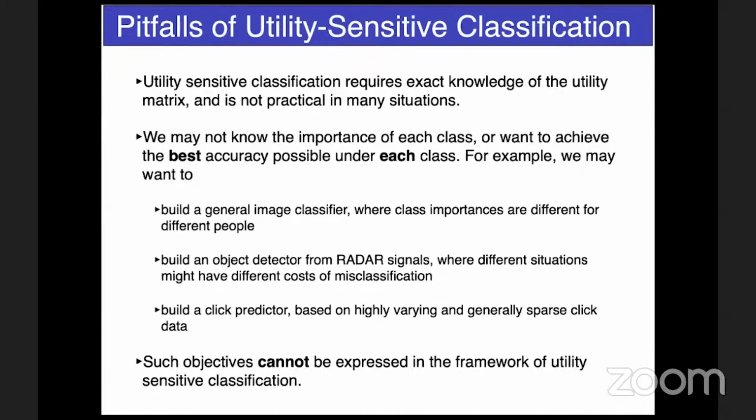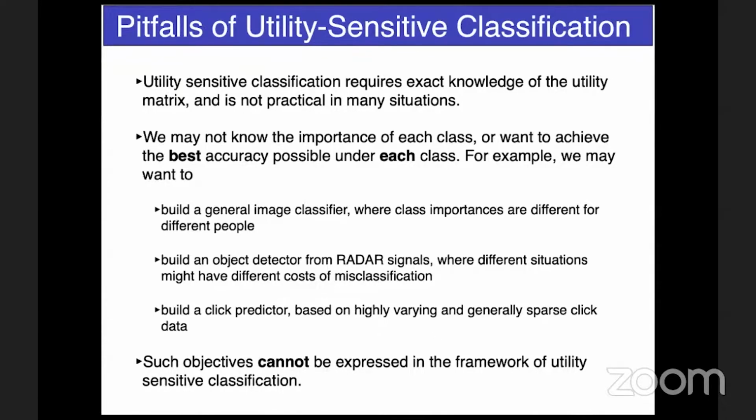At the same time, if you miss an ICBM coming at you, that's also a bad situation. These are high risk situations, and it's not really possible to give a utility matrix beforehand. They are not a good place for utility sensitive classification. So these kinds of objectives are not well expressed using utility sensitive classification.